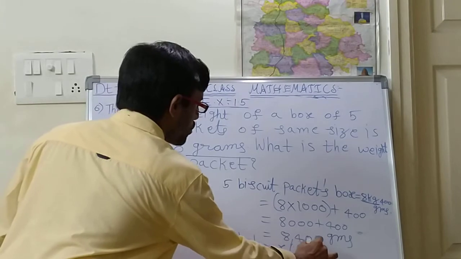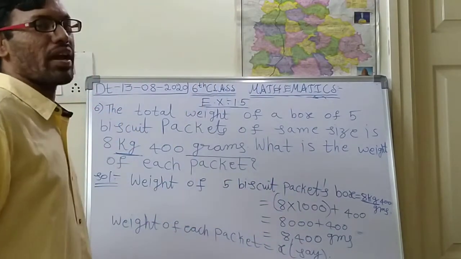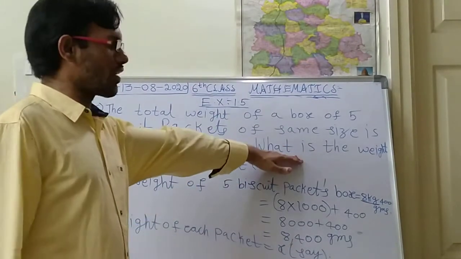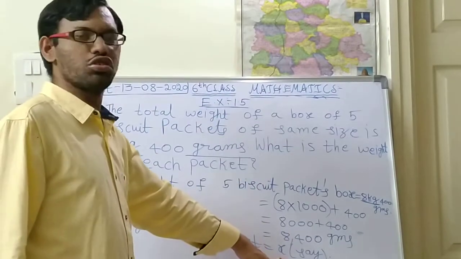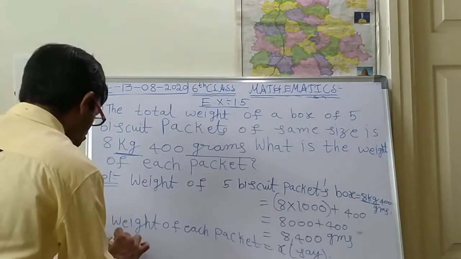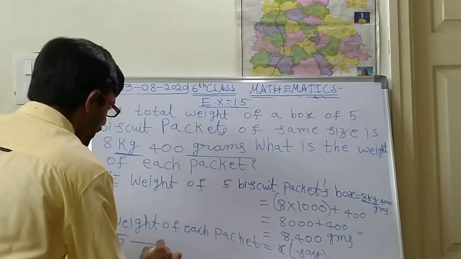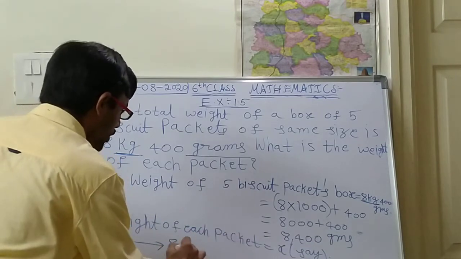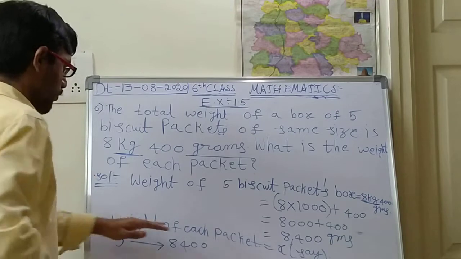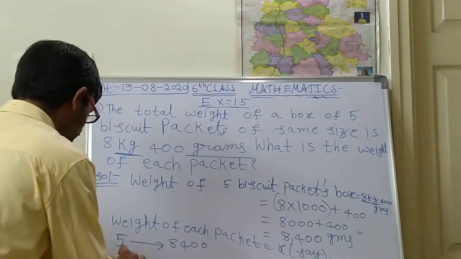Just assume that x is the weight of each packet. We don't know the answer, we have to find it, so whatever we have to find, you should assume as x. So for 5 biscuit packets, what is the weight? 8400 grams.